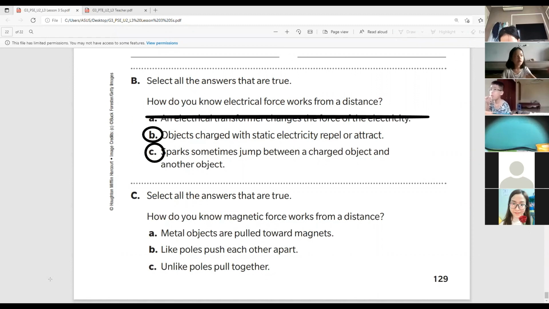C. Unlike poles pull together. Okay, and what answer did you write? I wrote A and C. A and C. Okay, let's look at A. Metal objects are pulled towards magnets. That is correct. C. Unlike poles pull together. That is also correct. Very good.